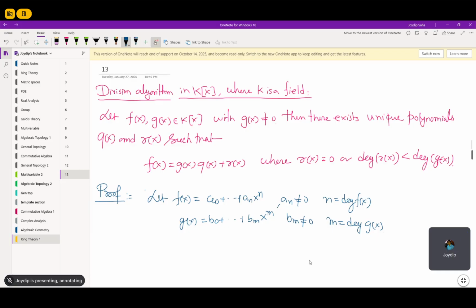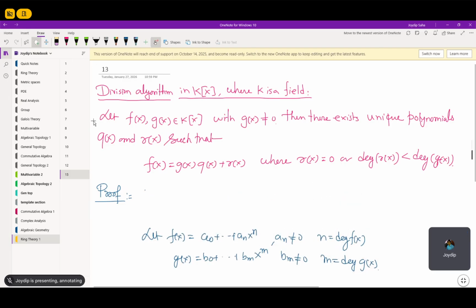Okay, so before writing this, we settle a case. If f(x) equals 0, then we take q(x) equals 0 and r(x) equals 0.